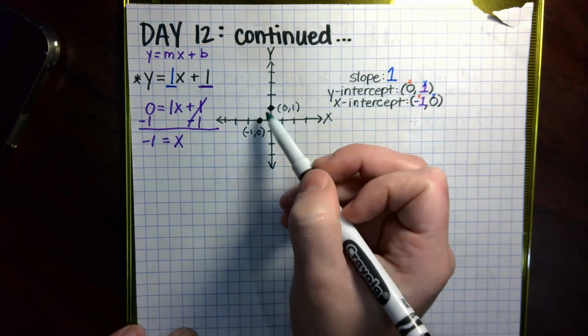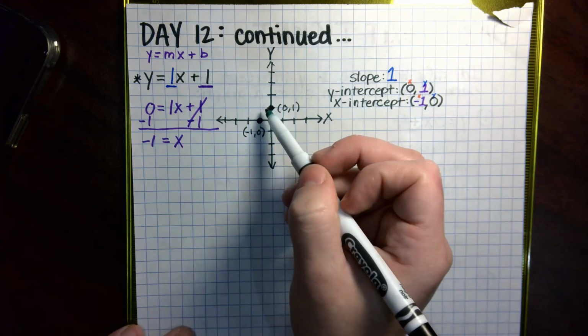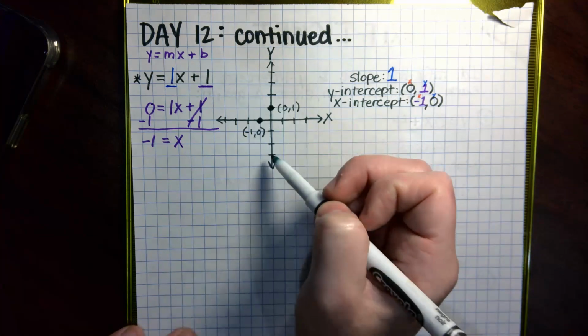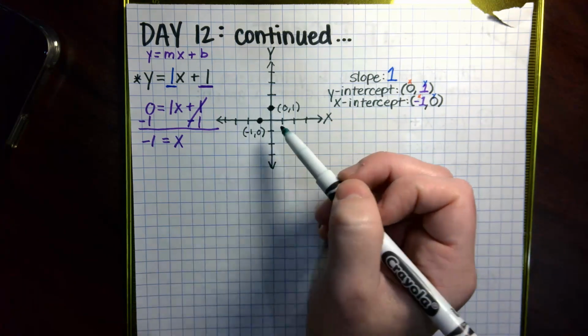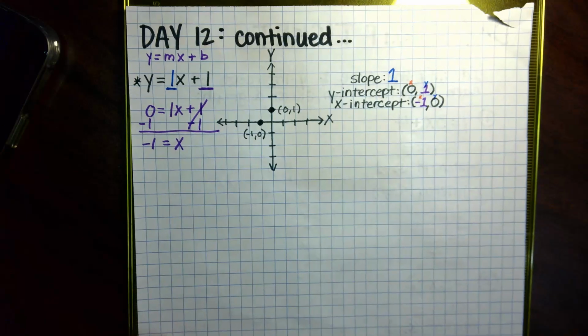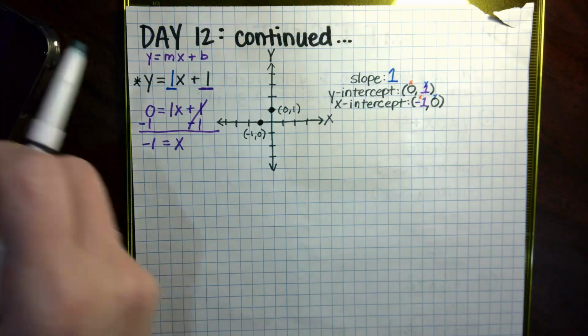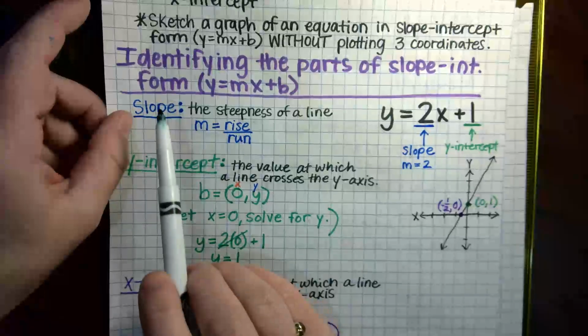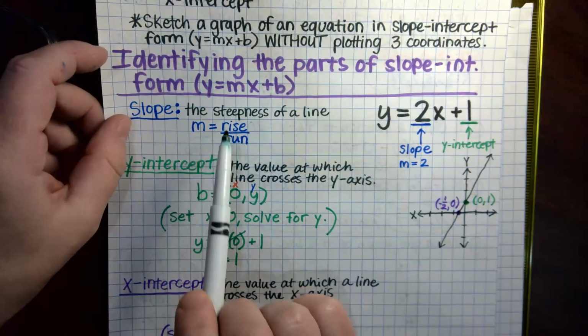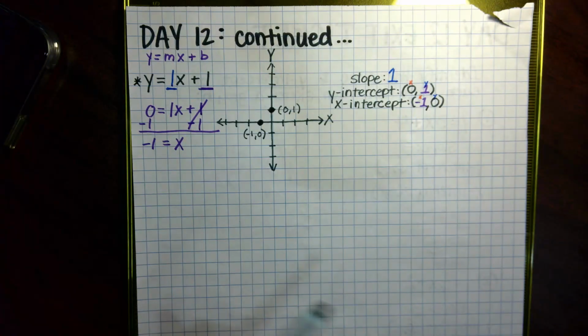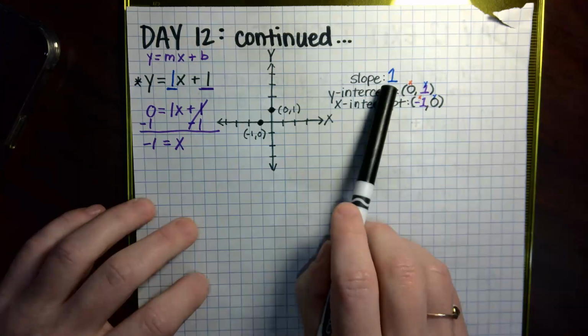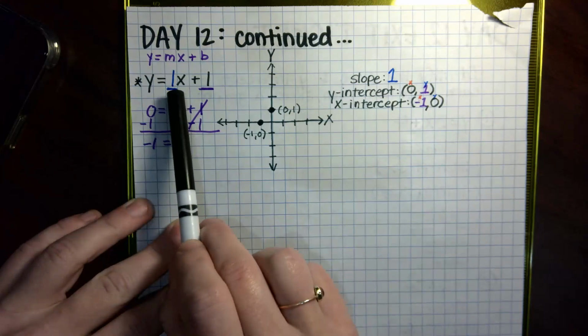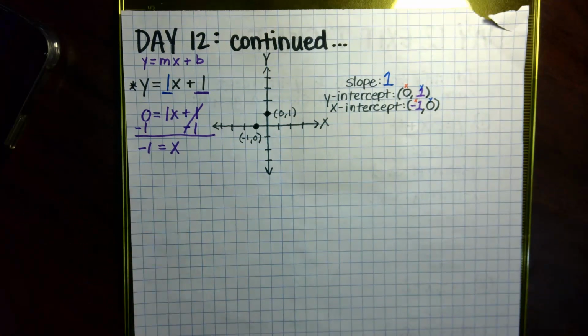Now as you can see, those 2 points are going to tell us where the line is going to touch the y-axis or the x-axis. And now here's the part where slope comes into play. So if you look earlier in your notes where we said slope is the same thing as rise over run, here's what that means. First of all, I'm going to take my slope of 1 that I found by looking over here, and I'm going to rewrite it as a fraction.